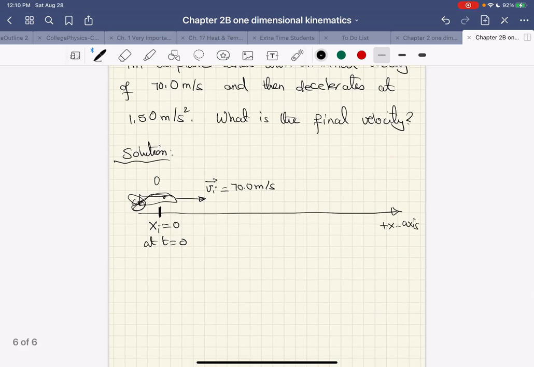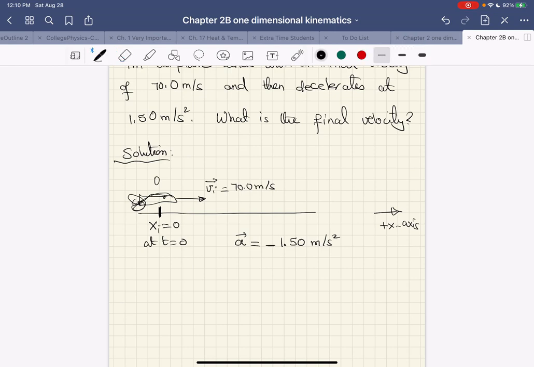There is an acceleration here. I want to tell you that it should be negative 1.5 meters per second squared. The reason is that it is in the opposite direction of the motion so that the airplane will stop.